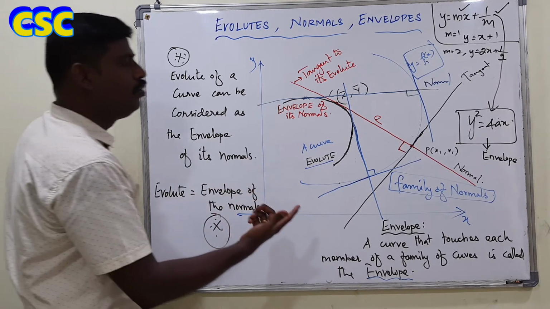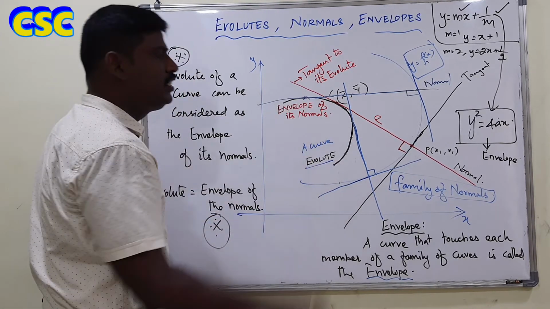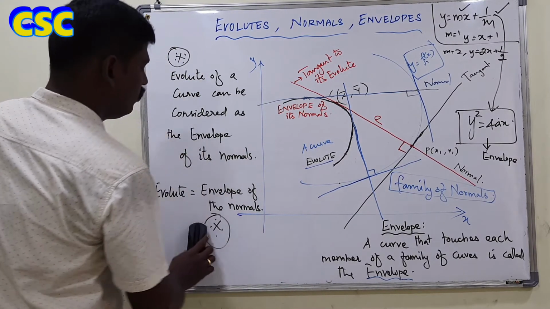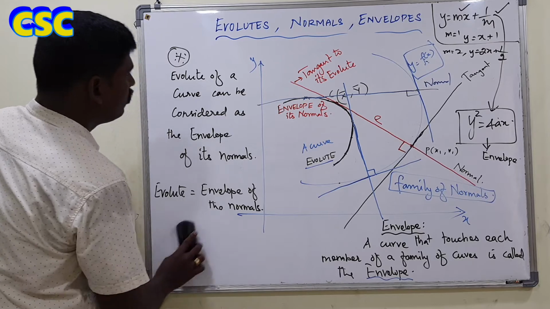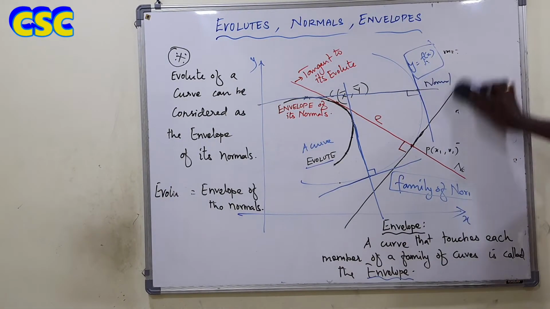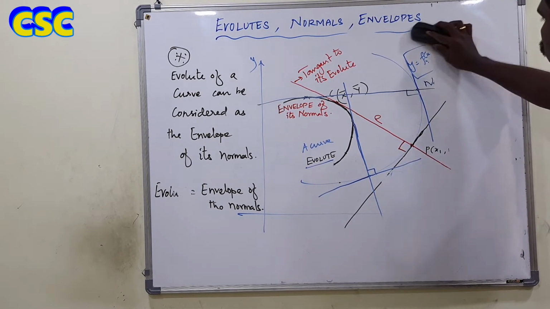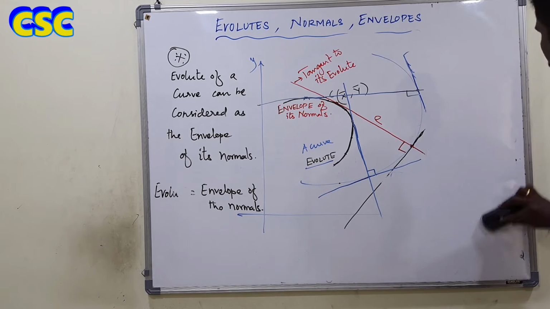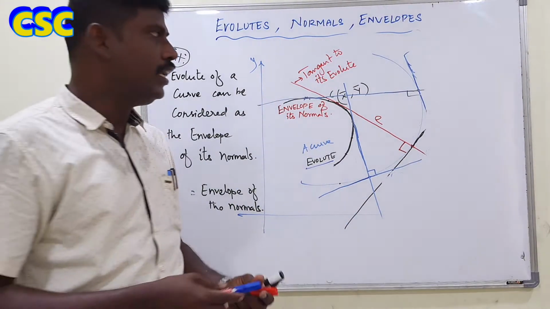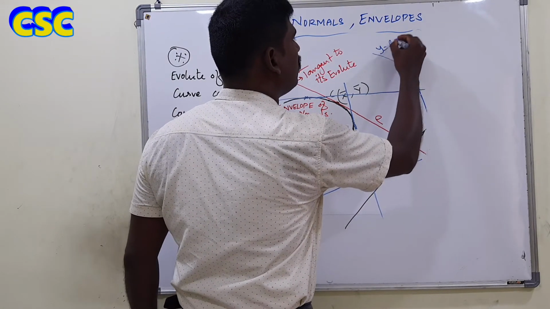Now we are going to find the evolute of the curve through the envelope of its normals. Already we know how to find the evolute of the given curve, isn't it?